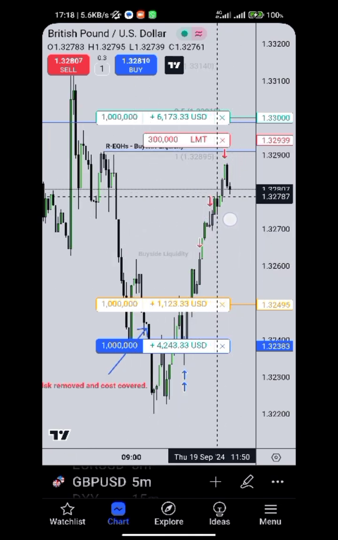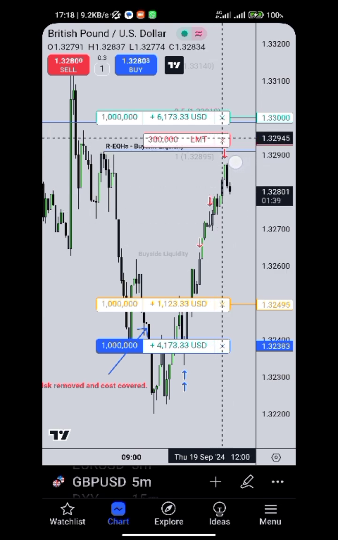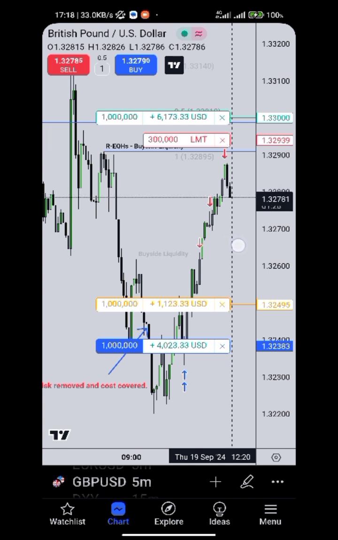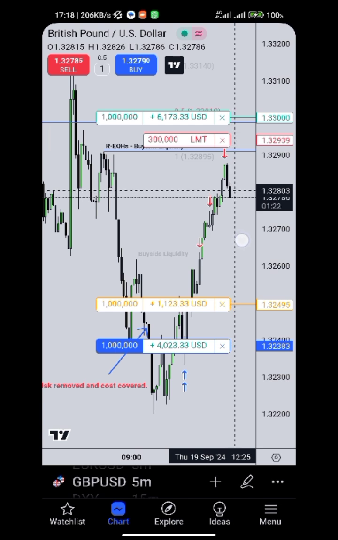Nope, I want to be taking my partials there. So to me, this is like a trick. This should defend. It's not my last line of defense, but I want it to actually defend this decline.